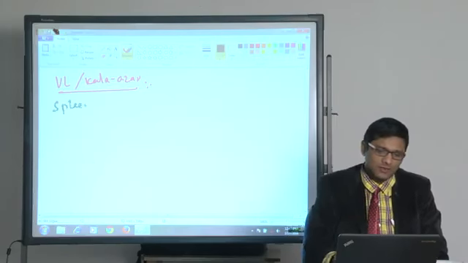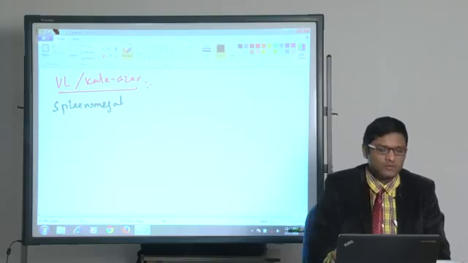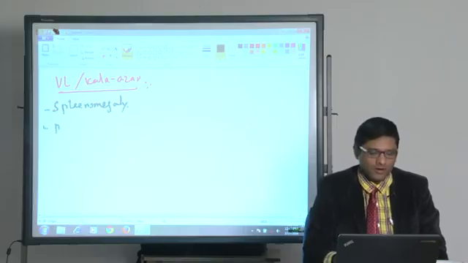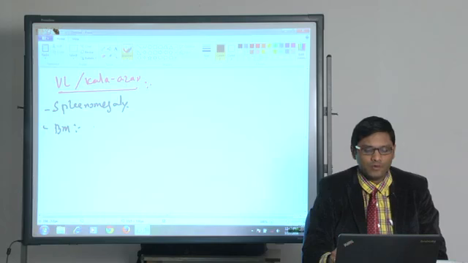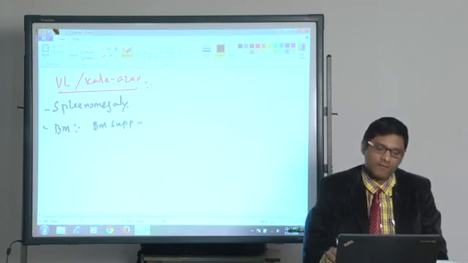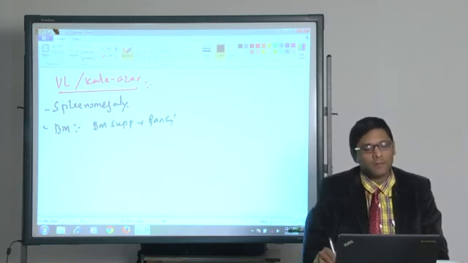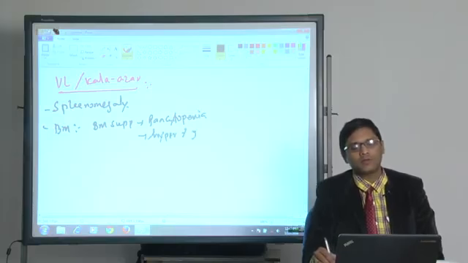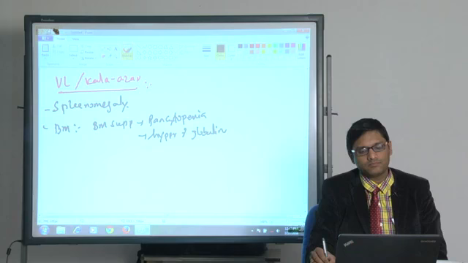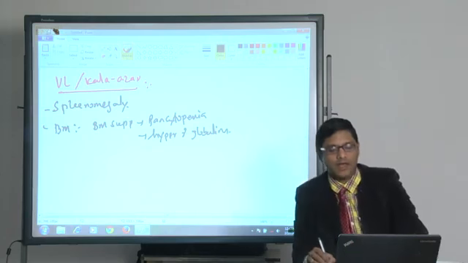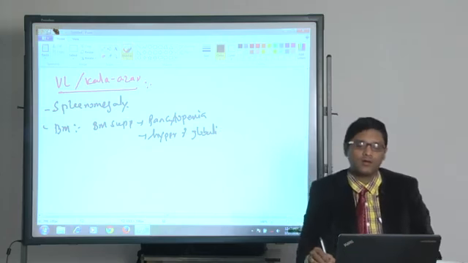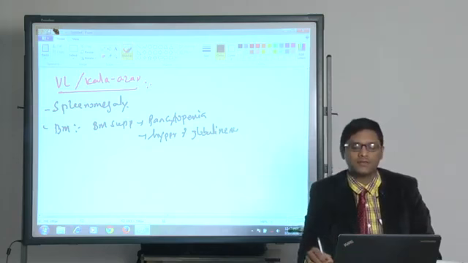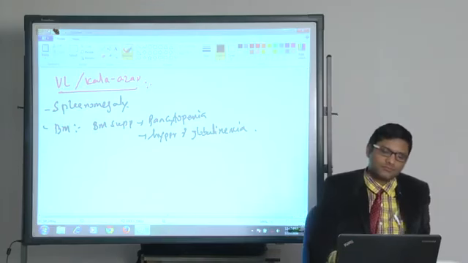Spleen, so you will have huge splenomegaly. Bone marrow deposition leads to bone marrow suppression, that causes pancytopenia, and as a reflex you will have polyclonal B cell activation, so hypergammaglobulinemia, with non-specific antibodies produced.